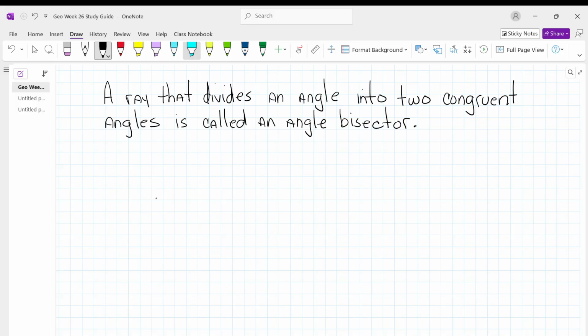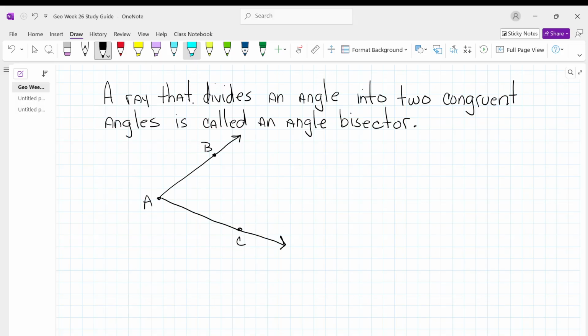So if we draw an angle on your paper, start again here with point A. So we've got angle A again. You can call it angle BAC. You can also call it angle CAB.